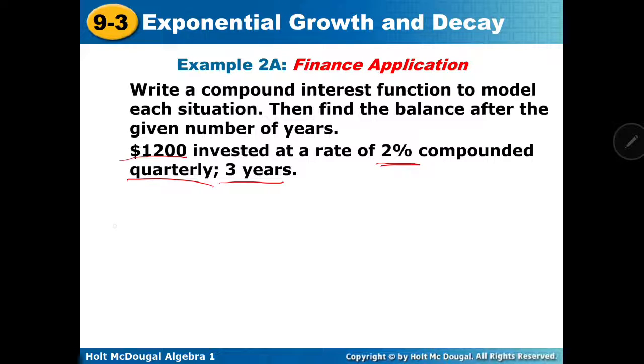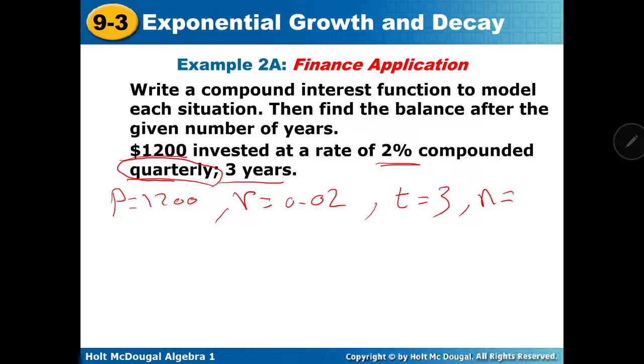The first given, the principal, is $1,200. The r is 2%, that means 0.02. The t is 3. And the n is 4. Why 4? Because it says quarterly.